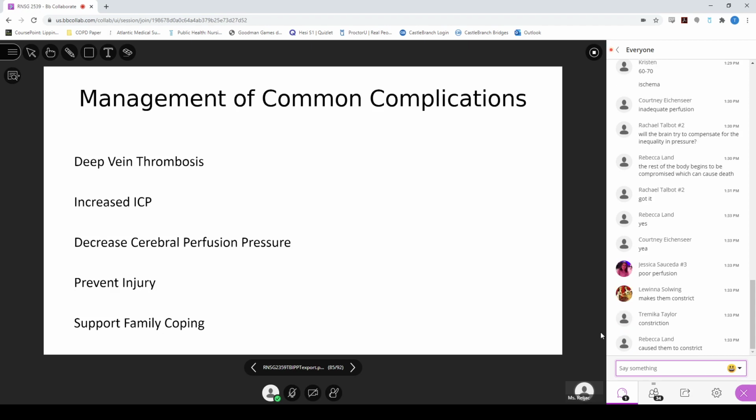And whenever you have vasoconstriction, so the hypotension causes the vasoconstriction, and that causes a decrease in CPP. So your cerebral perfusion pressure decreases with constriction. That happens with hypotension. You treat that by increasing your IV fluids and/or vasopressors.